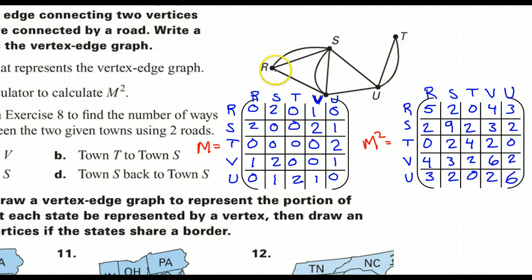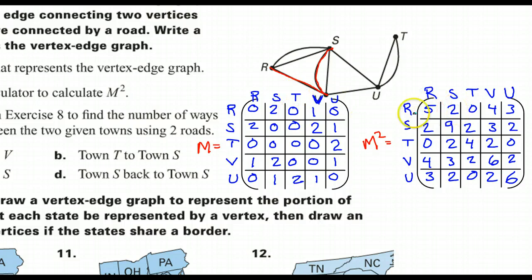I could go from R to V to S. That's one way I could go from R to S using two paths. Or I could go from R to V, and then I could go this way. So that's another way I could go from R to S using two paths.